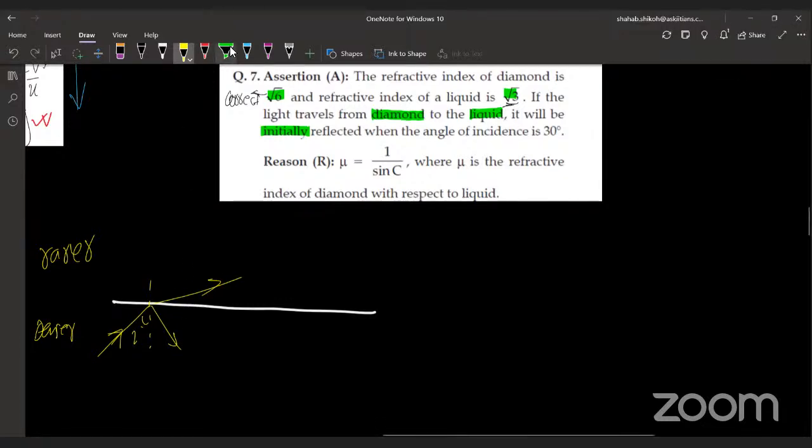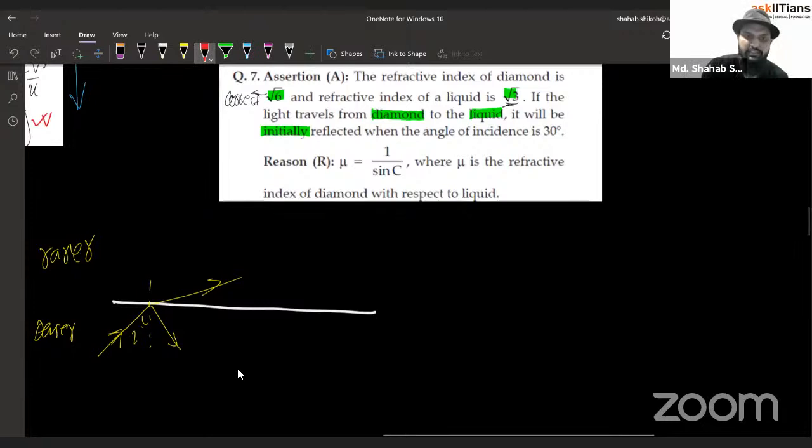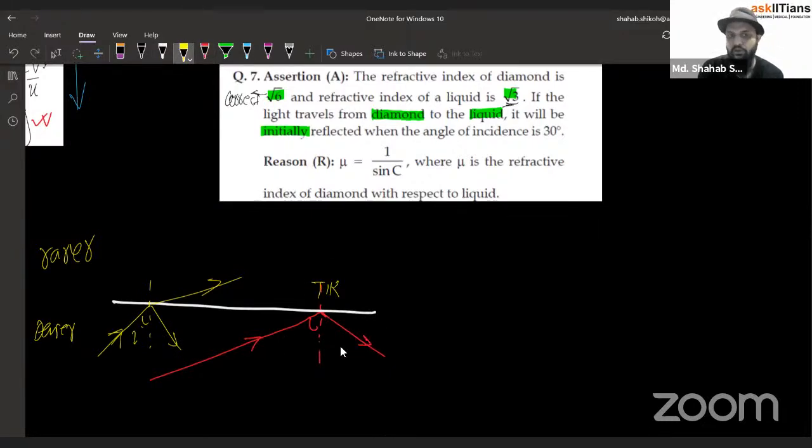But if the angle of incidence is increased, all the light is reflected internally. This is called total internal reflection. No light is going out, so only reflection takes place, with no loss of intensity. In the other case intensity is lost, maybe 50% reflection and 50% refraction, but here it is total internal reflection.